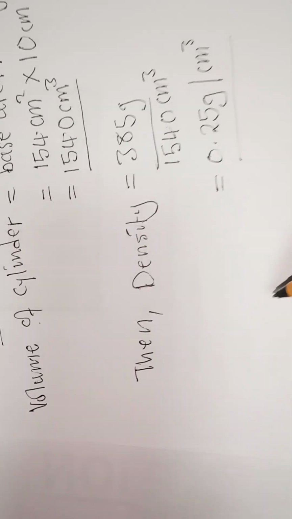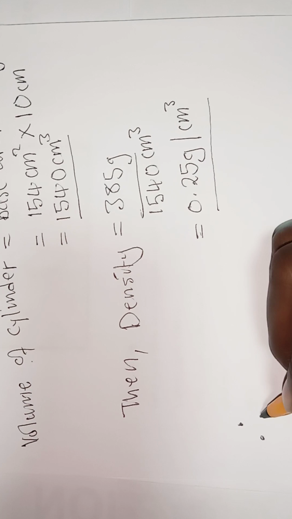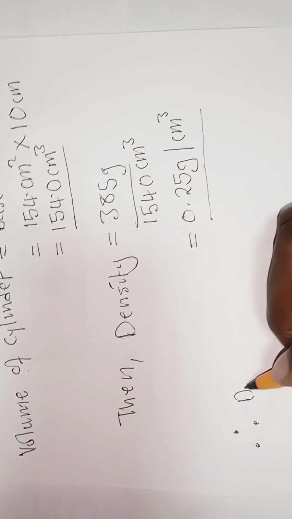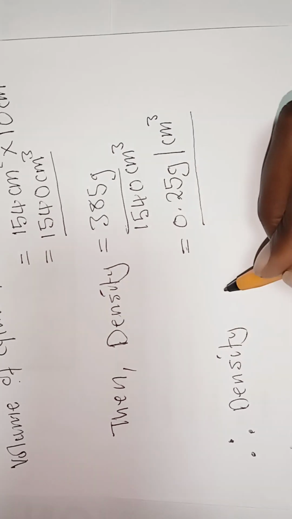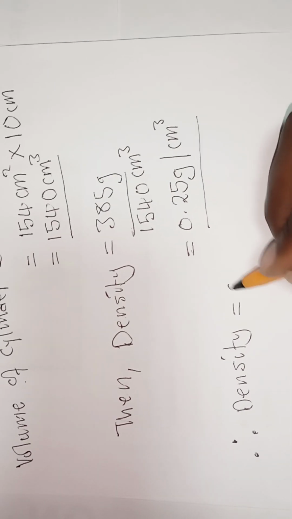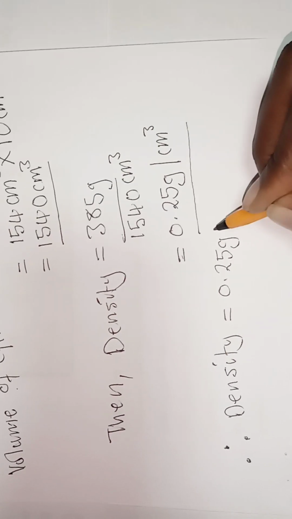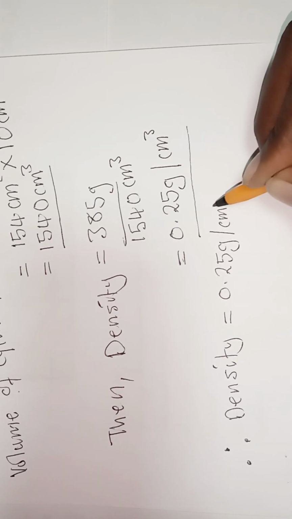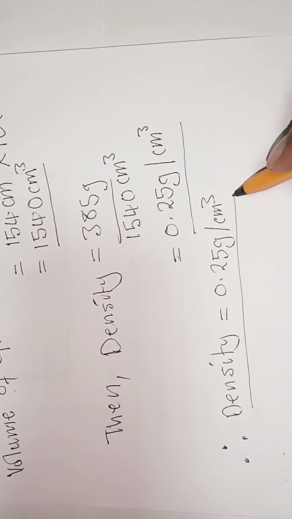So therefore we found our density. The density for this block is simply 0.25 grams per cubic centimeter.